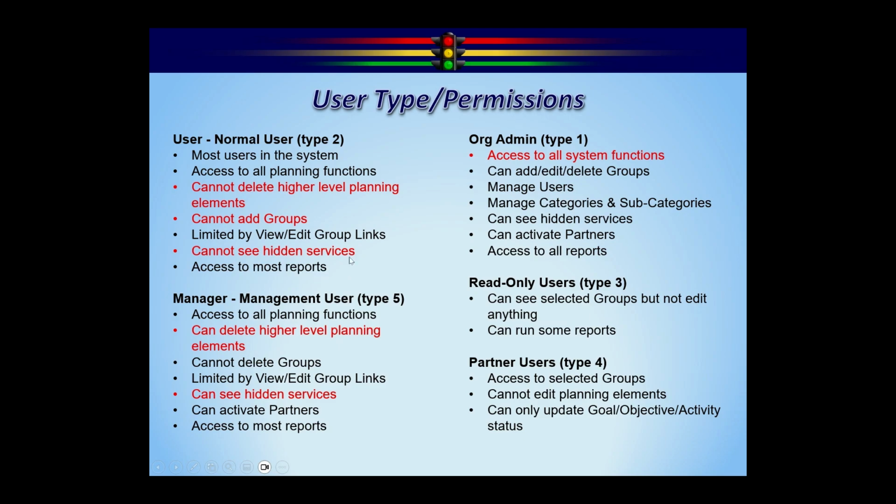And then they do have access to most of the reports. So this is what most people do. They can update any of the plans that are in there. They can actually add parts of plans. From below the group level, they can add a service initiative, goals, objectives, and activities. Manager user is the next type, a little bit higher level than a normal user. So they can delete higher level planning elements.